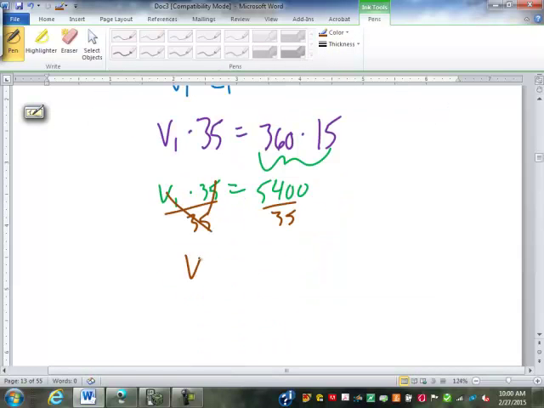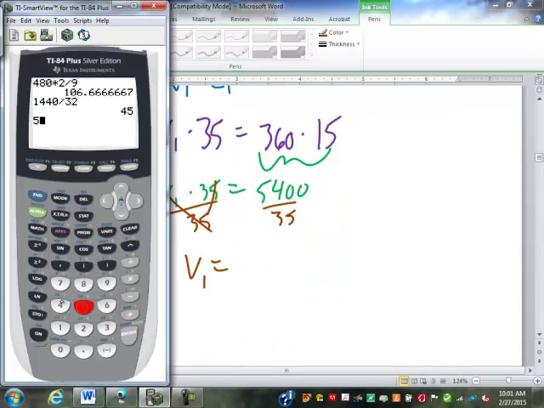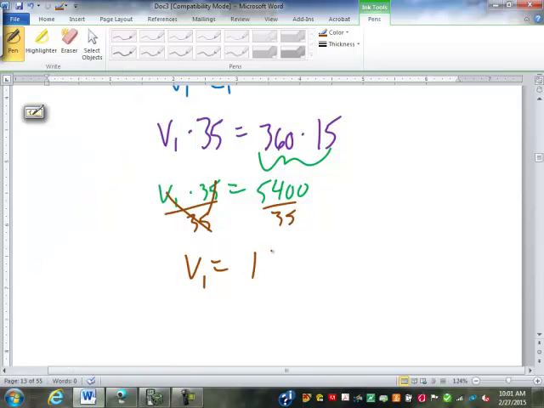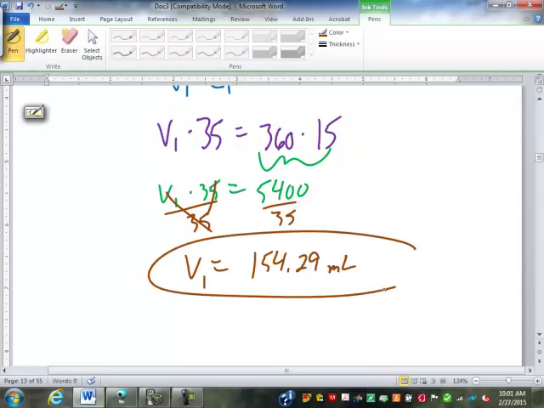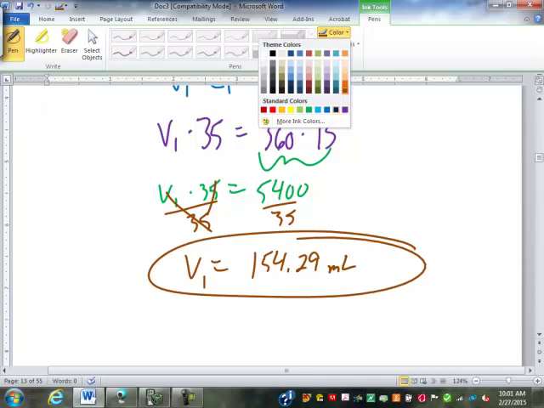Oops. So V1 equals 154.2857142857, something like that. We're just going to round it off to 154.29 milliliters. And then, of course, we still need to know how much of our saline.